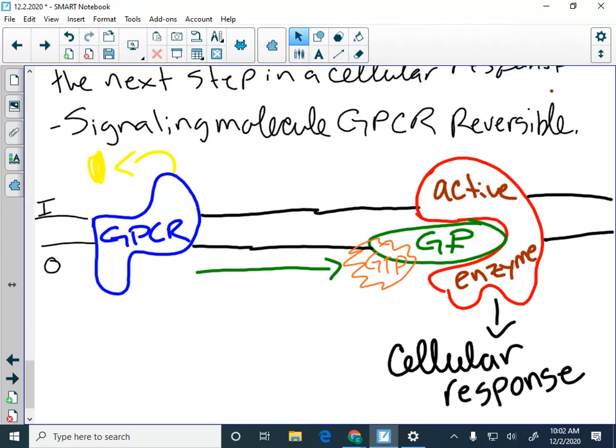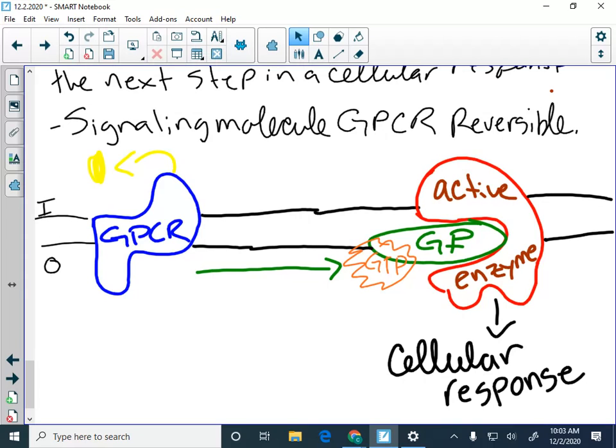So our G protein coupled receptor was activated, allowed an inactive G protein to bind. That G protein kicked out a GDP, brought in a GTP, and became activated. Now that G protein was activated, it left our receptor and went over to the enzyme.